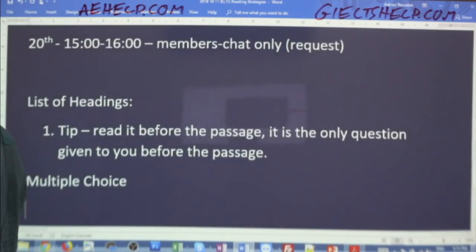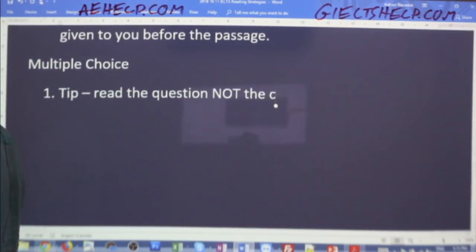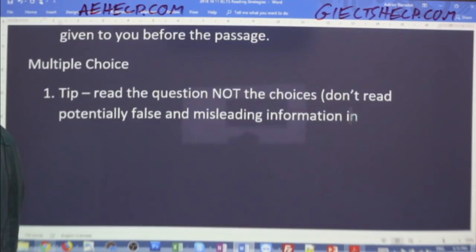Okay, so here's the tip for multiple choice. Read the question, not the choices. Don't read potentially false and misleading information in questions before you read the passage.